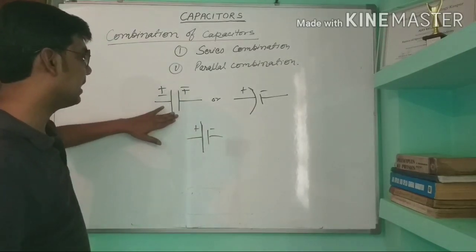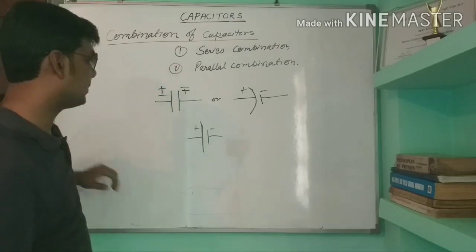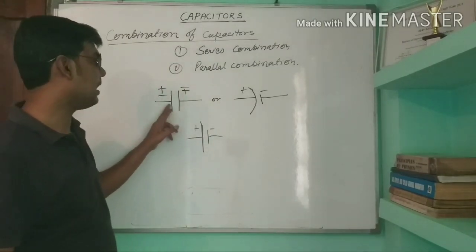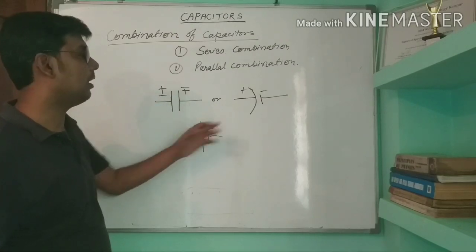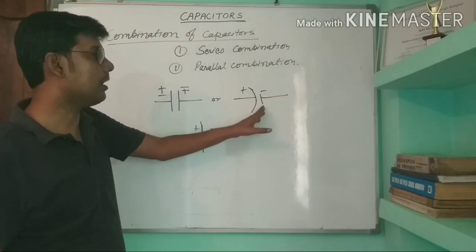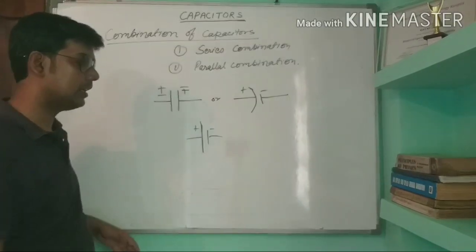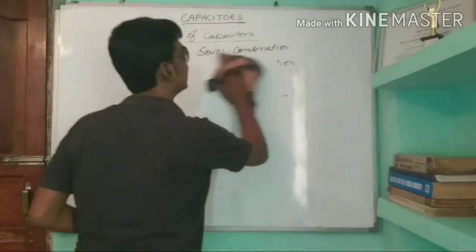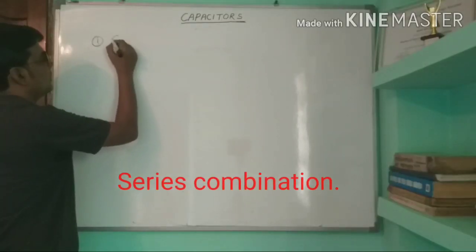But in the case of a capacitor, we can show it by two parallel equal lines or by one curved line and one straight line, this way. Now we will discuss the first one, the series combination.